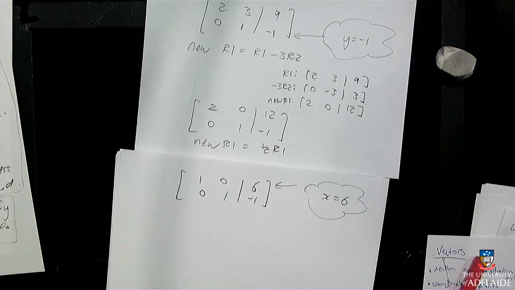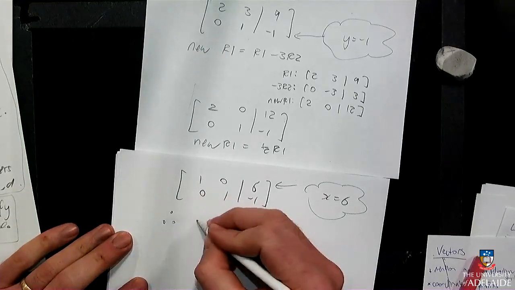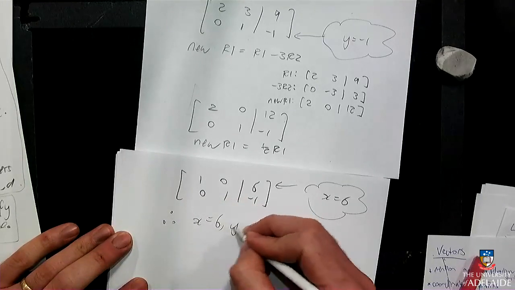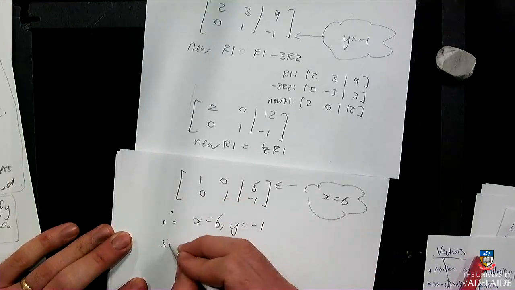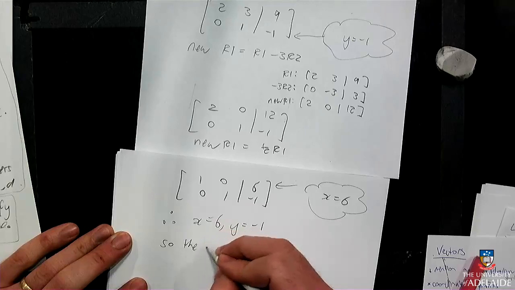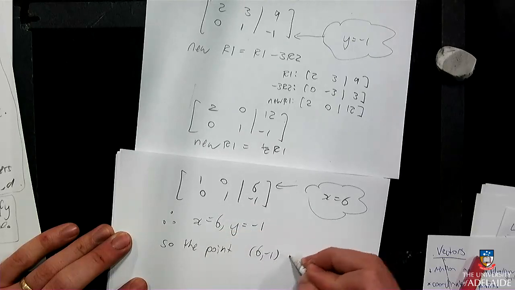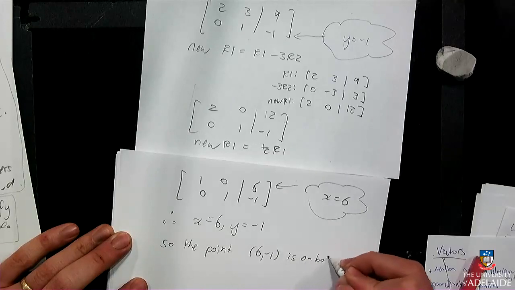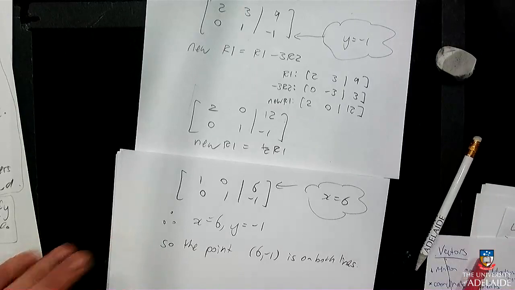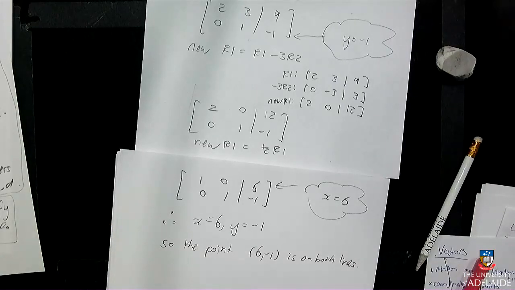And so therefore, I can say x equals 6 and y equals negative 1. So 6, minus 1 is on both lines. And I would only expect there to be 1 point on 2 lines. Yay! Okay, that's the process that our ancestors came up with, and it's pretty slick.